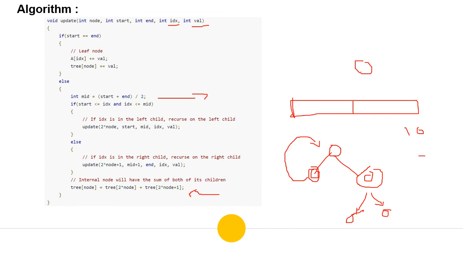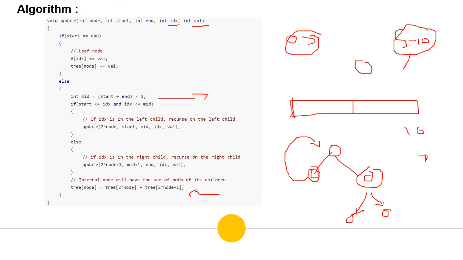Suppose our array is of size 10, and we have to change the value of the seventh index. First we separate it into two halves, so 0 to 5, 5 to 10. Then we check whether the node is present in the first left node. No, it's not present. Then we go to the right node. If it's present, we do this function recursively.